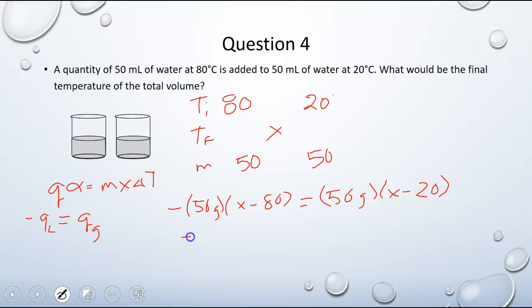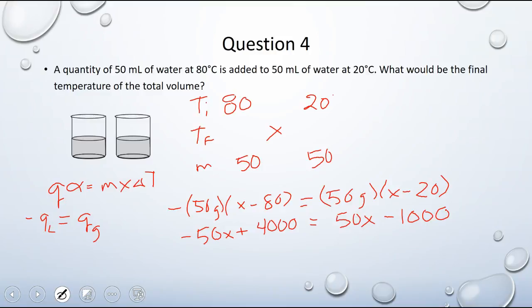So we get negative 50X plus 4,000 is equal to 50X minus 1,000.